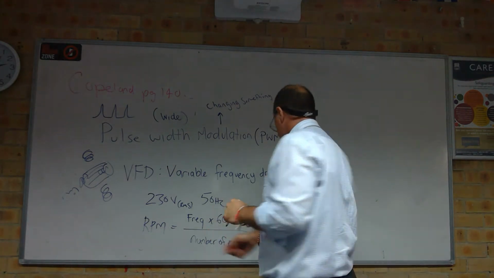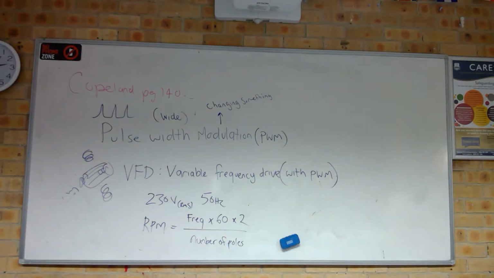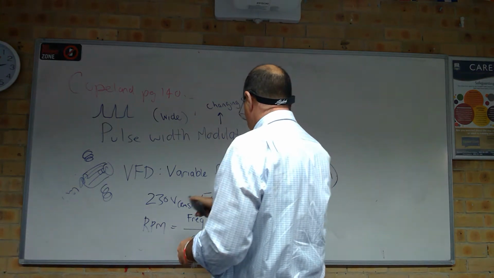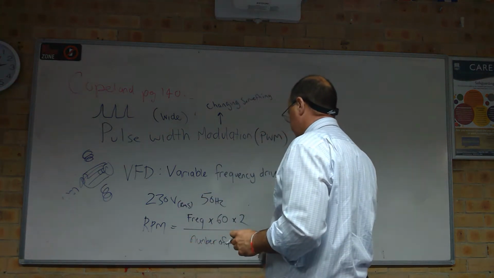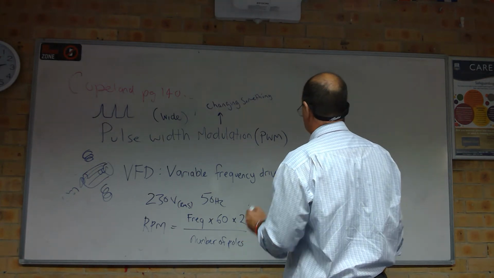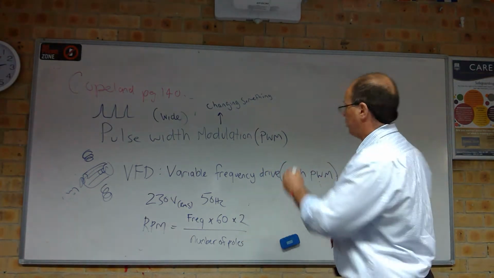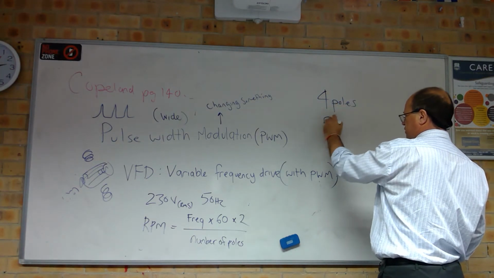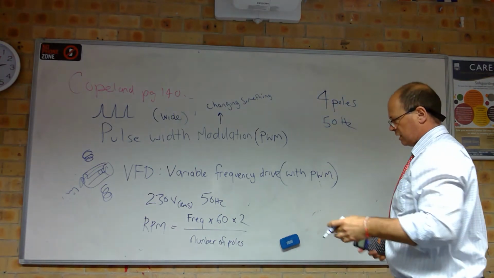So for this particular equation, let's look at a real life example. We'll just get our calculator out. If I had a motor, and for our situation here we've got 230 volts, 50 hertz. If I had a motor that was, say, 4 poles, and we have a frequency of 50 hertz, you might say, well, what's the RPM?